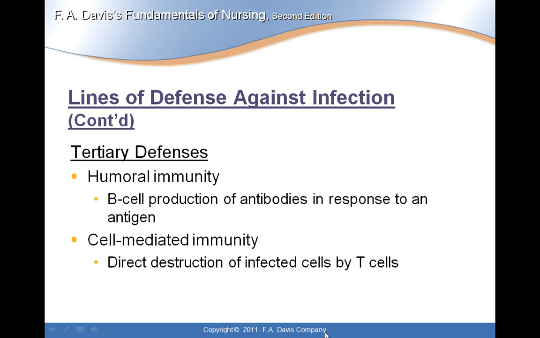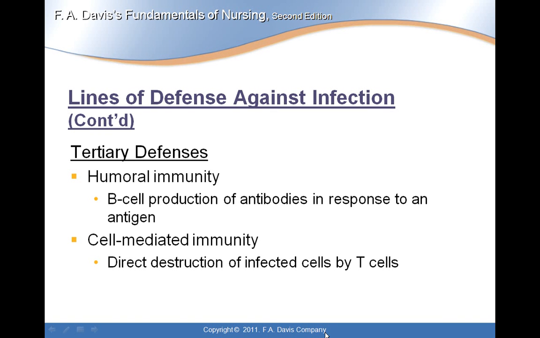And so what happens is the next time the person comes into contact with that virus, well, the B cells have already taken pictures of that virus and posted it all over our body. So whenever we come into contact with that virus again, now we have antibodies that recognize those pictures, and they go in and they attack the virus. So the B cells and the T cells work together when we talk about humoral immunity.